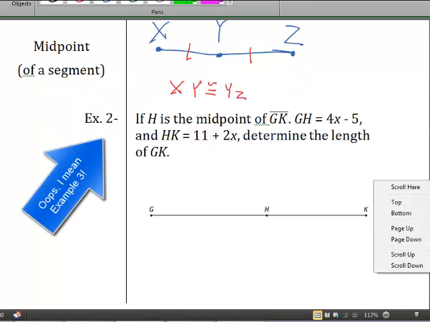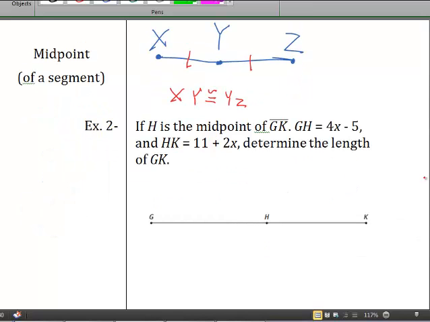All right, so example 2 says if H is the midpoint of line segment GK, GH equals 4x minus 5, and HK equals 11 plus 2x, determine the length of GK. So we have to label our diagram first. We know that GH is 4x minus 5, and then HK is 11 plus 2x.